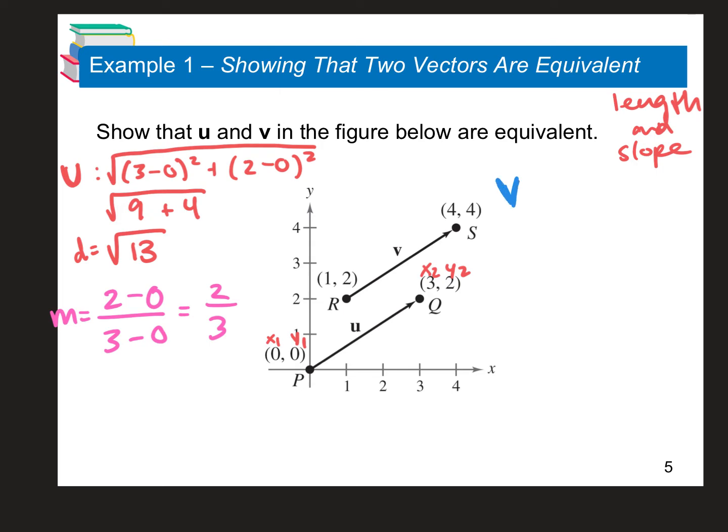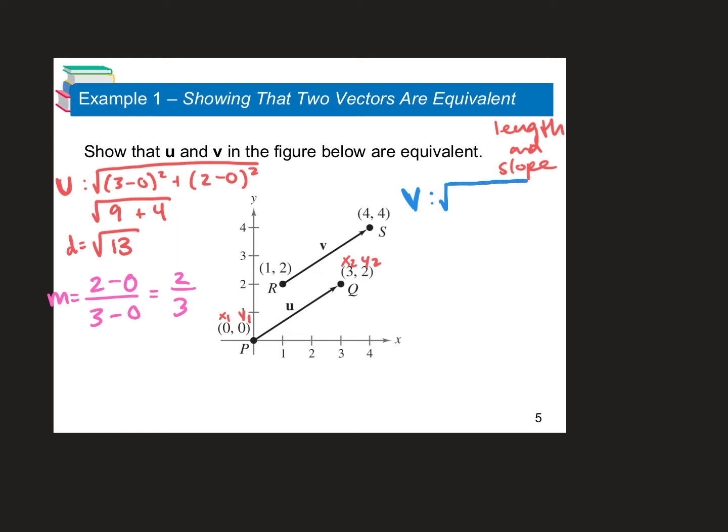So for vector v, I need to find the distance, so I'm going to use the same formula, square root of x2 minus x1. So this is x1, y1, x2, y2. Does it matter which one you put? It will, because you have a terminal and an initial point, so it will when finding the component form of a vector.